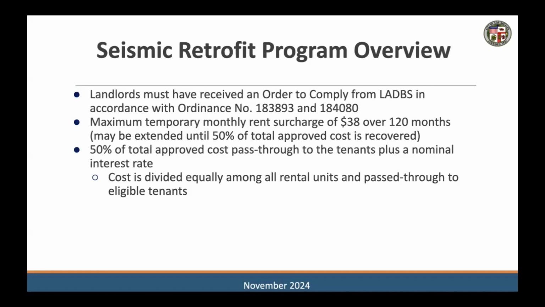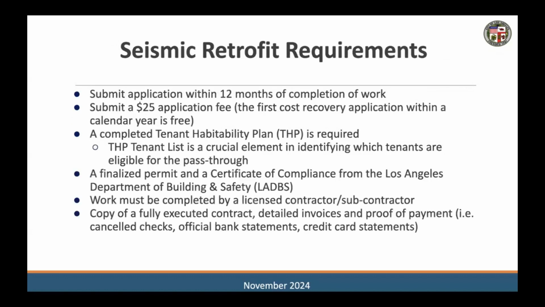It may be extended until 50% of the total approved cost is recovered. 50% of total approved cost passed through to the tenants plus a nominal interest rate. The cost is divided equally among all rental units and passed through to the eligible tenants. Next slide, please.